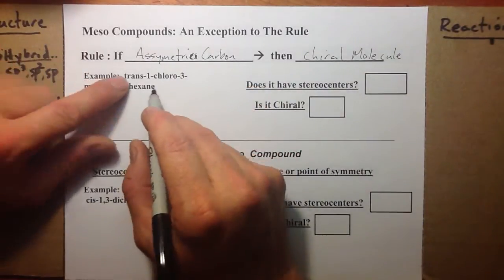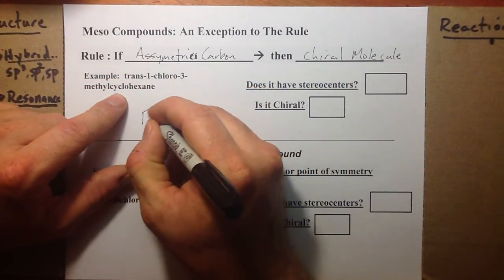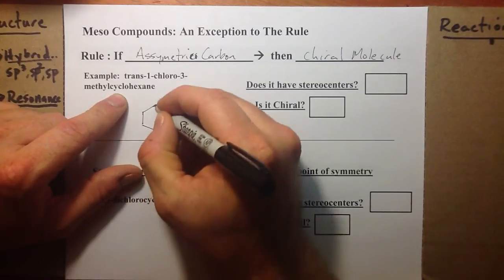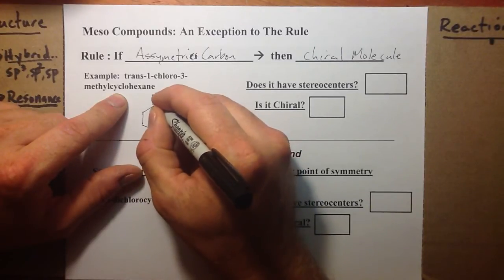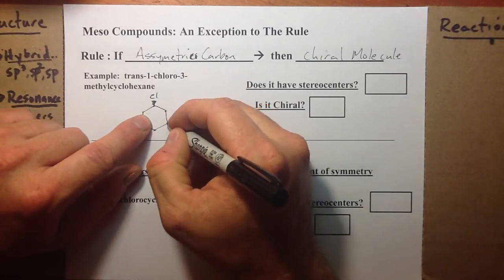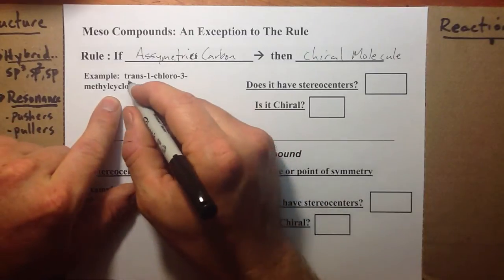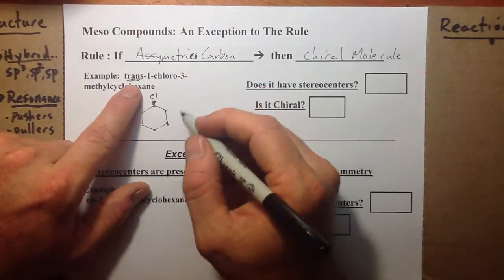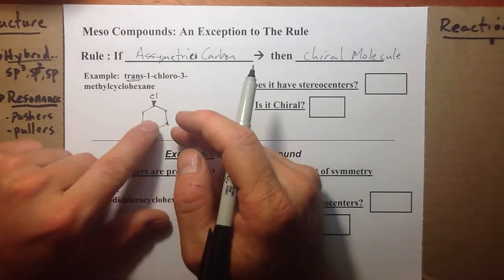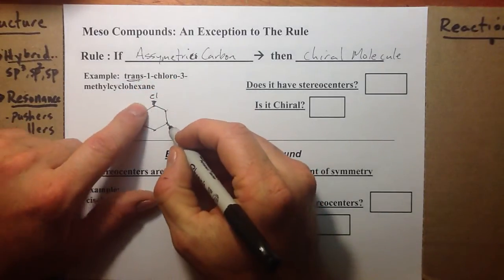So let's take trans-1-chloro-3-methylcyclohexane. So we're going to put the chlorine at the 1 position, walk 2 steps over, 1, 2, 3, 3-methyl. Now it says trans, so this is indicating an opposite side of the ring orientation that's locked in between the chlorine and the methyl group.